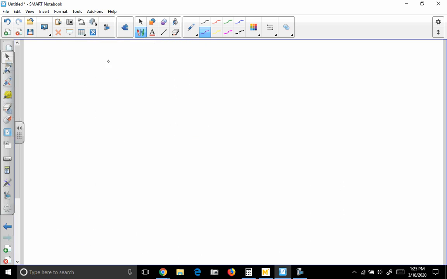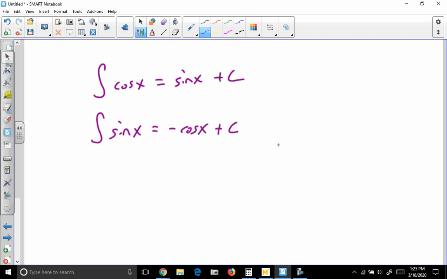We also had that the antiderivative of cosine is sine plus c, because the derivative of sine is cosine. The antiderivative of sine is negative cosine, because if we take the derivative of cosine, we get negative sine.